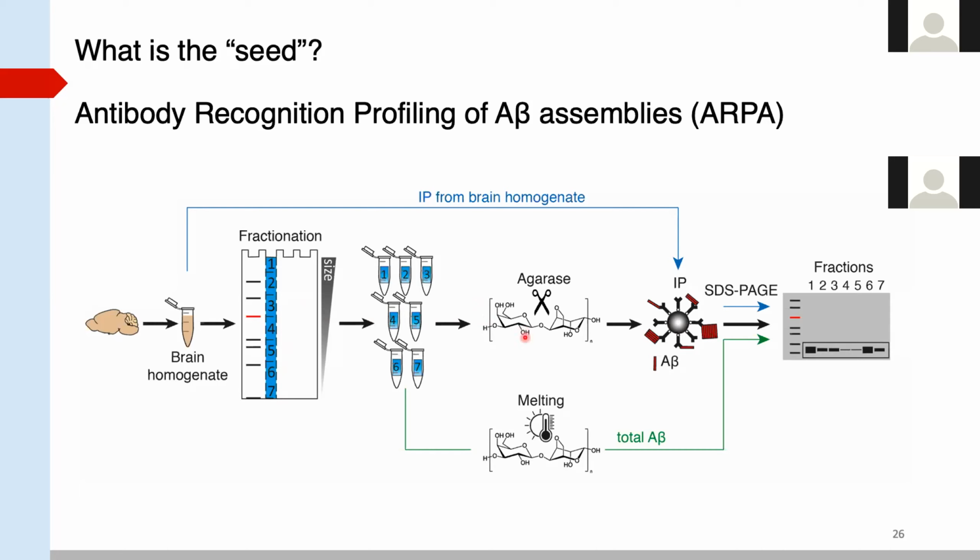Using enzymatic digestion, we liberate these A-beta assemblies and make them accessible to further analyses, such as immunoprecipitation with amyloid beta targeting antibodies. You can also use these fractions and look at the total A-beta in them, so you're not relying on A-beta targeting antibodies, which we also did.